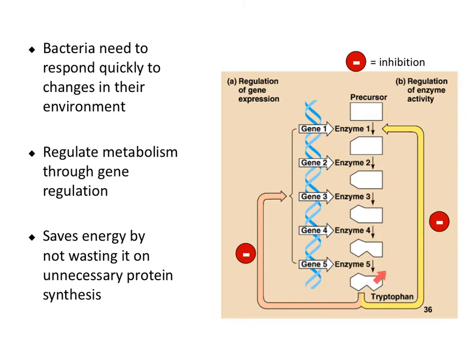This is an okay way to do it. The problem is I still have already produced some of these enzymes to start with, and that's a waste. Whereas over here, if I can just shut down the DNA that produces these enzymes, then I can save resources and not have to ever start the process to begin with.